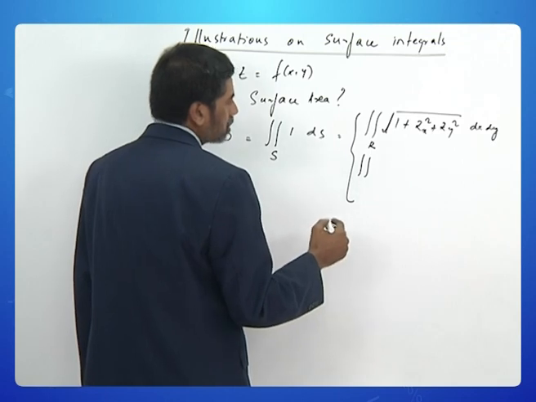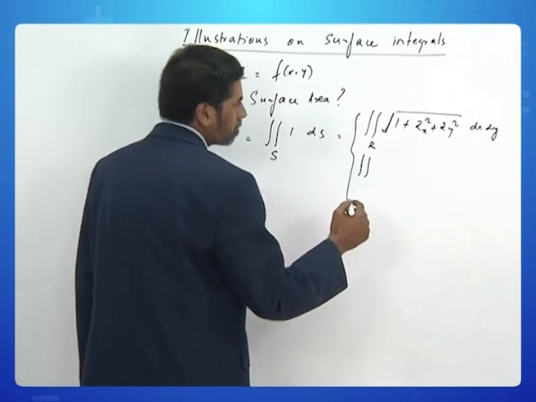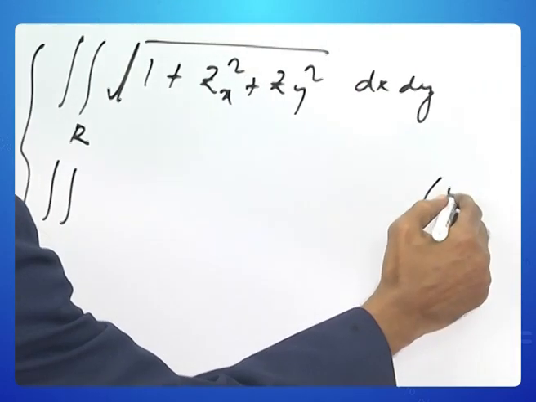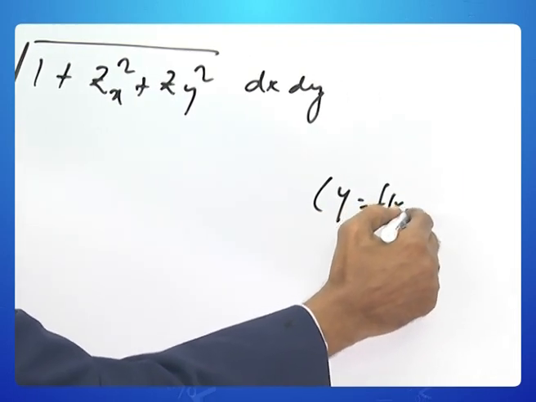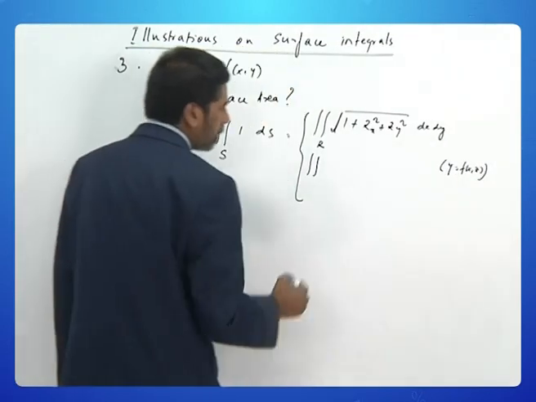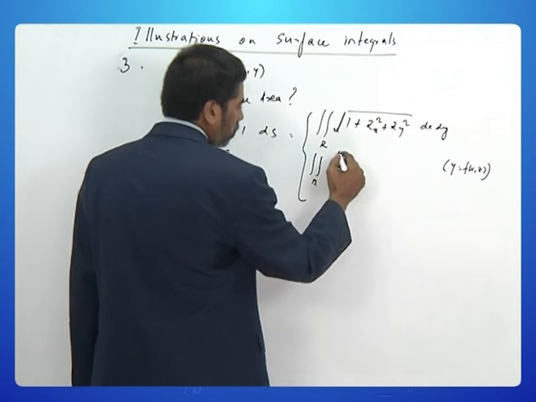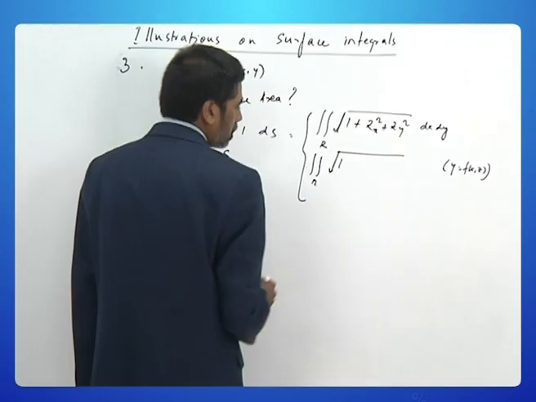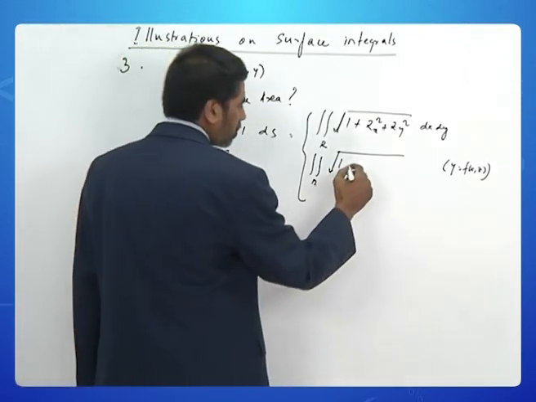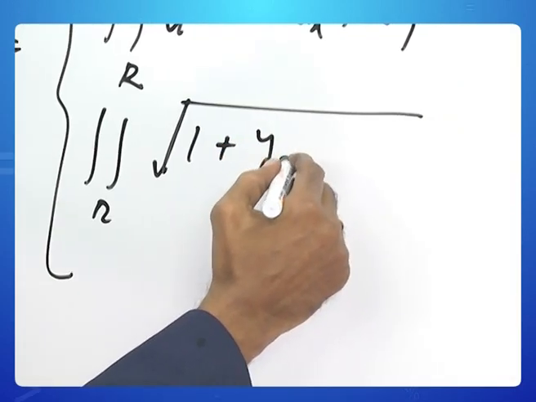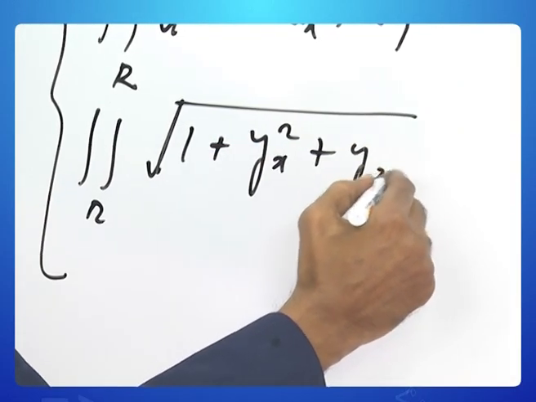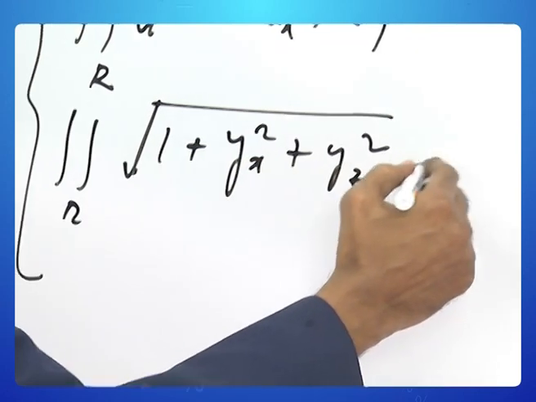If the surface is y is equal to a function of x and z, then the corresponding formula would be the surface integral of square root of 1 plus yx squared plus yz squared, where these are partial derivatives.